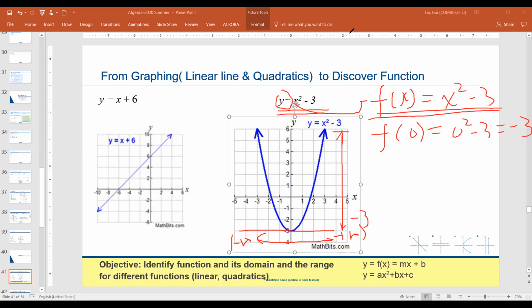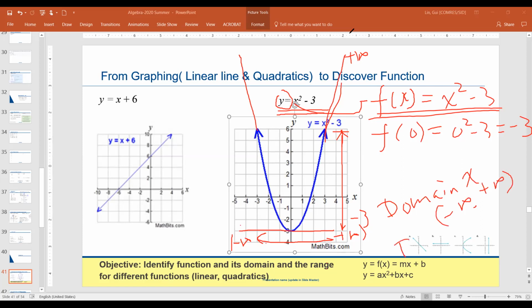And the top part can extend a lot, becoming positive infinity. So the domain means the x values you can possibly pick, from negative infinity to positive infinity.